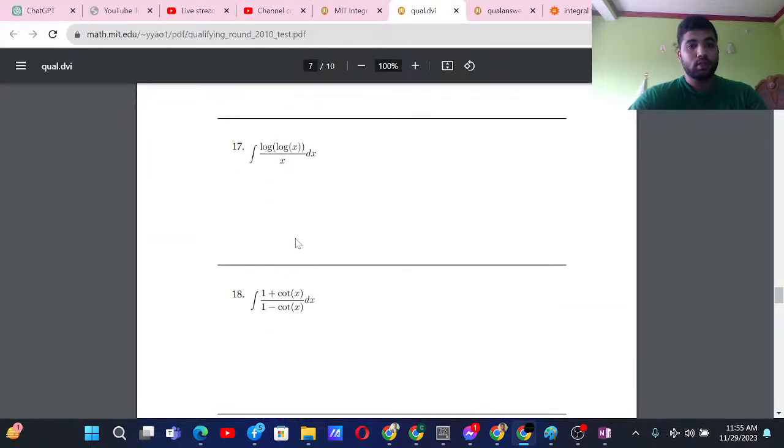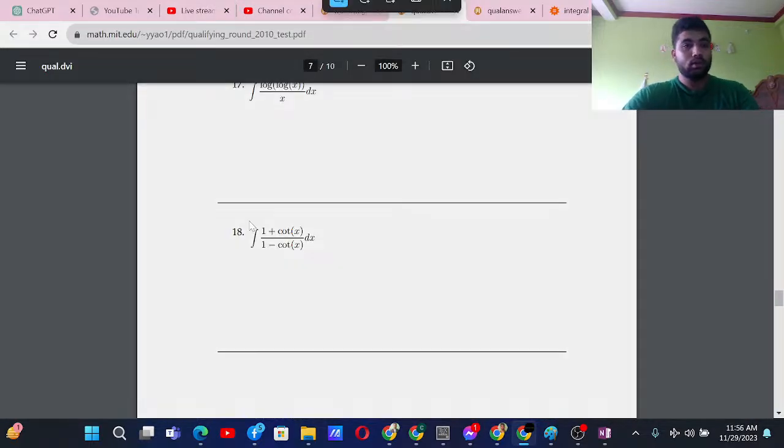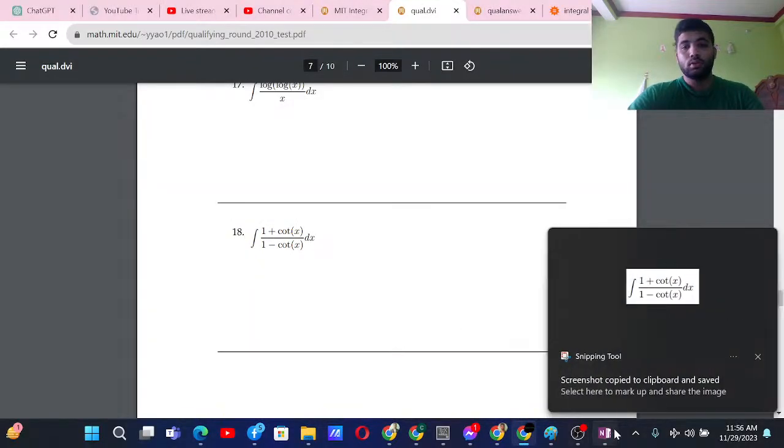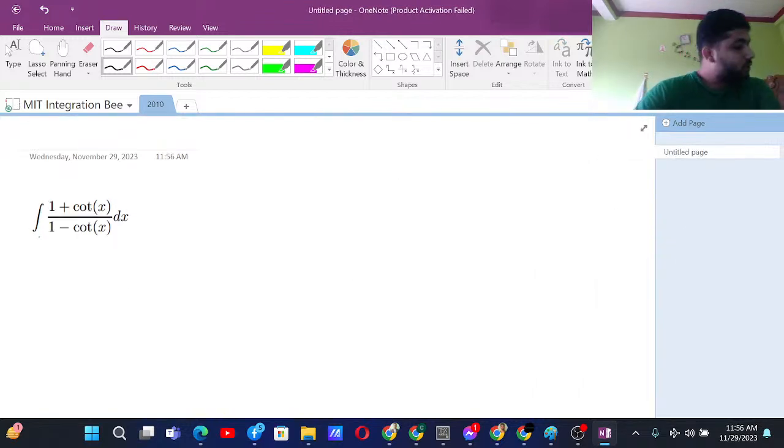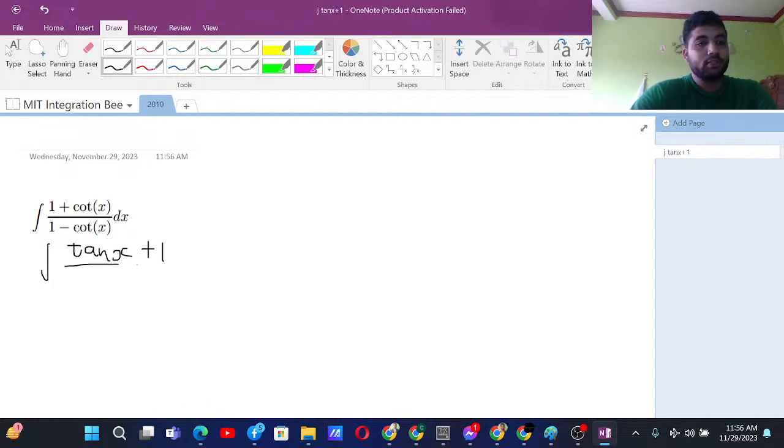Okay, so the next integral is this. For this integral, we can basically change it to tan, and we will get a standard formula. So this is (tan x plus 1)/(tan x minus 1). If we take the reciprocal and take the LCM, we can change it to (tan a plus tan b)/(1 minus tan a tan b).